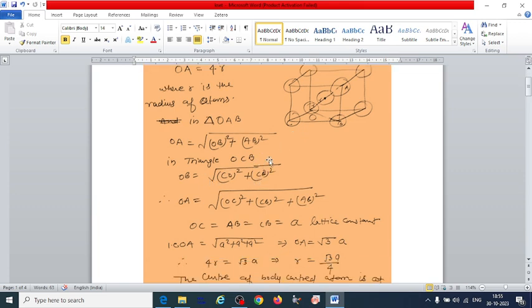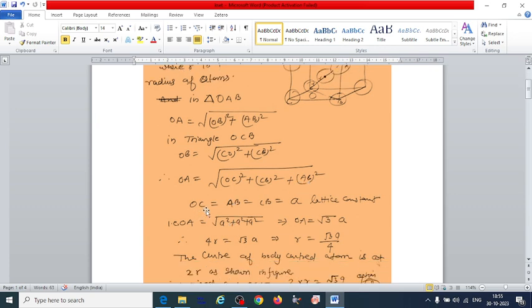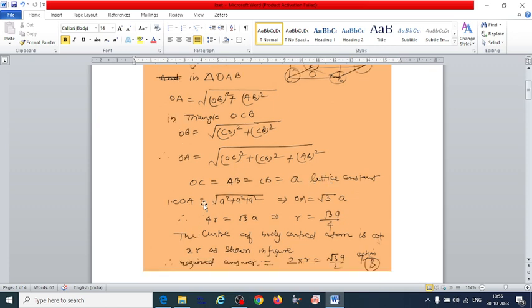In a triangle OCB, OB is given by the equation like this, and OA will become root of OC square plus CB square plus AB square. Then OC equal to AB equal to CB, that is the lattice constant, the distance between each atom.